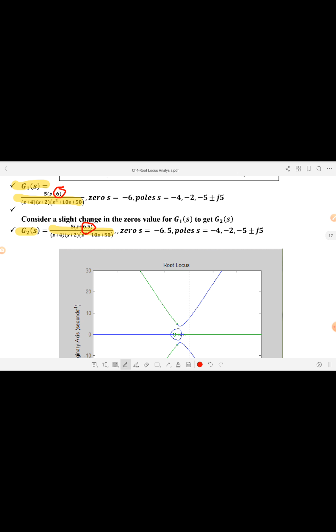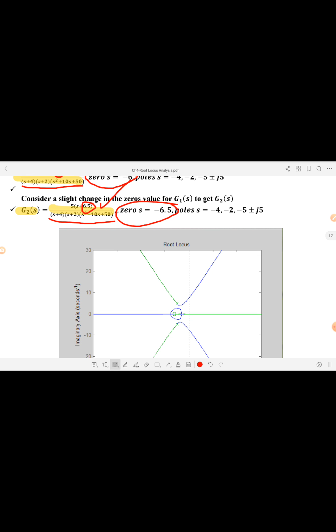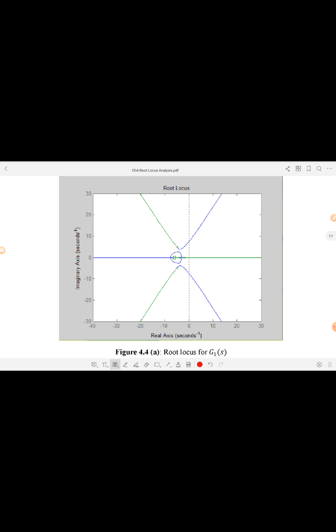It was 6 here, while it is 6.5 here. The poles of G1 and G2 are the same. So the zero in the first example is located at -6, while the zero in the second example, G2, is at -6.5. And if we draw the root locus, this is the figure of the root locus for G1.